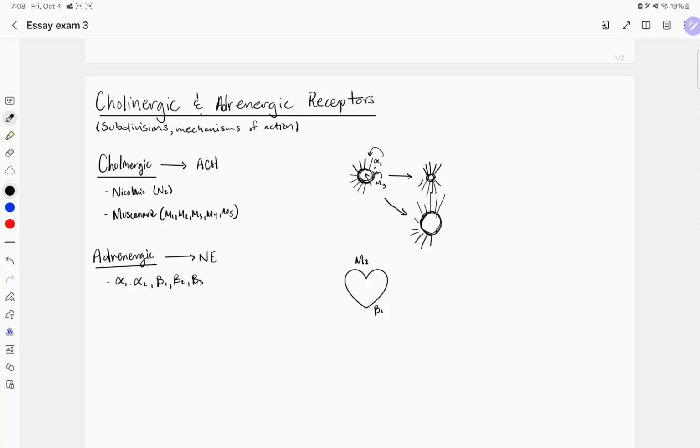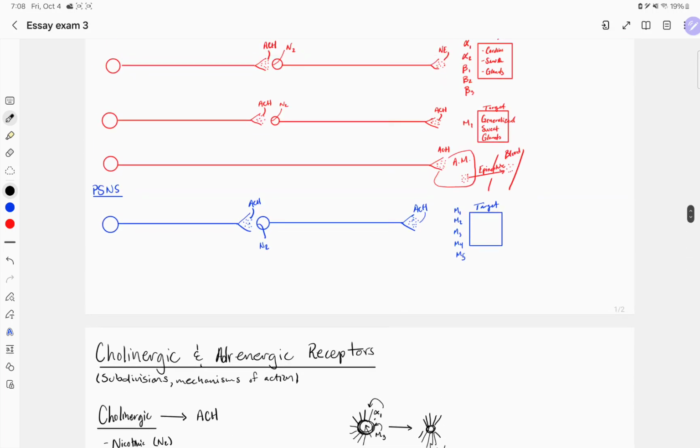Now remember, M2 is going to respond to acetylcholine. And it's going to be associated with the parasympathetic nervous system, because in the parasympathetic nervous system, we have 2 synapses that are releasing acetylcholine. And the receptors on our effector targets, our target effectors, are muscarinic.